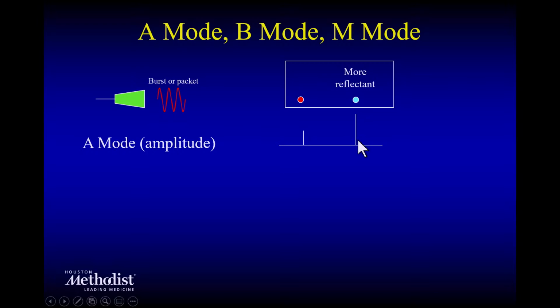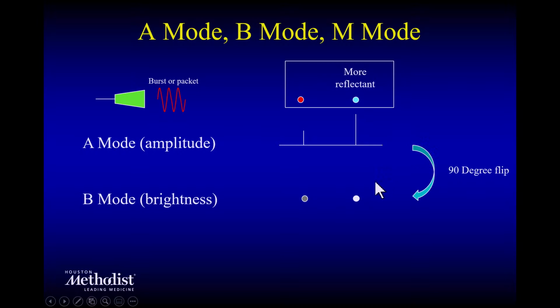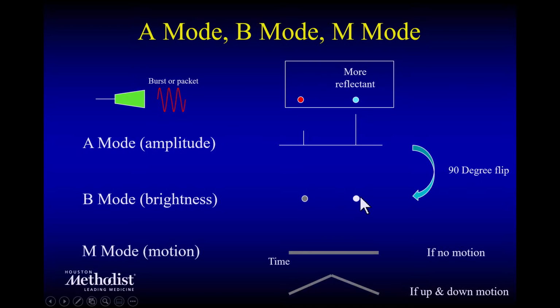That's why it's called an A or amplitude mode. If you flip that 90 degrees towards you, you'll have the B mode or brightness mode. And interestingly enough, yes, that's what your 2D is made of in a way. So that is the brightness mode. And then on an M mode, which is motion, it's not M for mitral, it's M for motion.